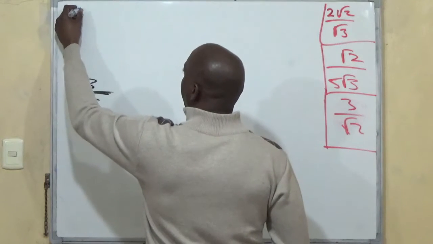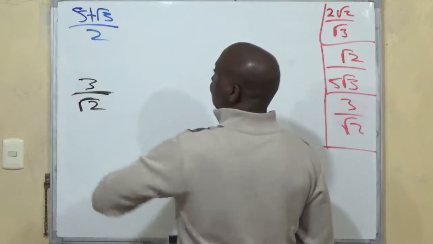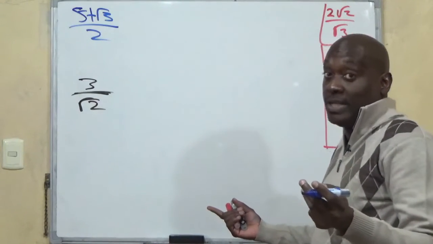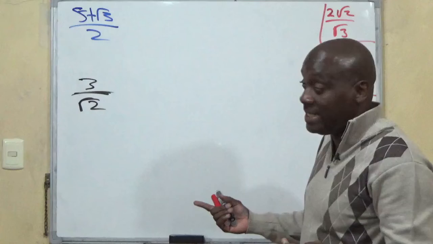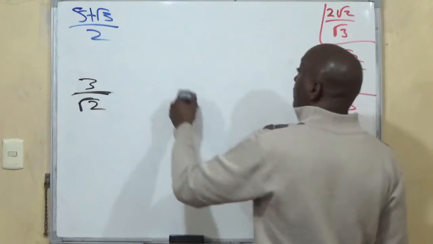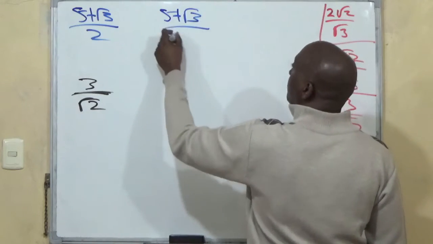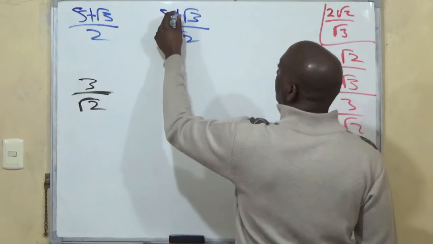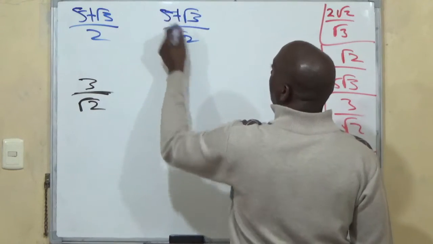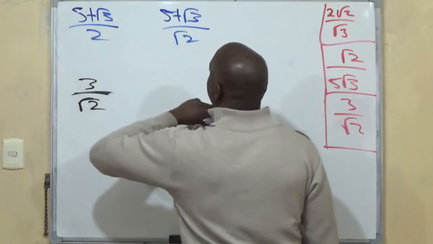We can say 5 plus root 3 over 2, where you have a compound surd in the numerator and an integer in the denominator. Or you could have 5 plus root 3 over root 2, where you have a compound surd in the numerator and a simple surd in the denominator.